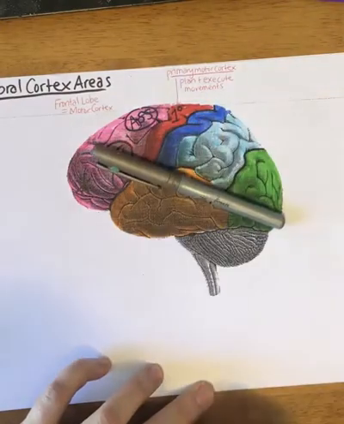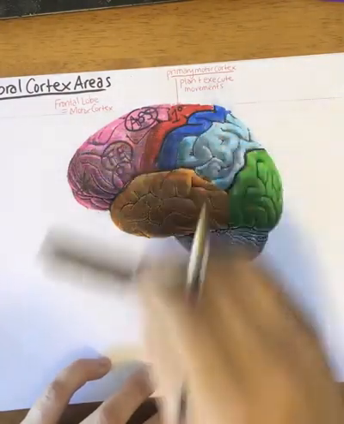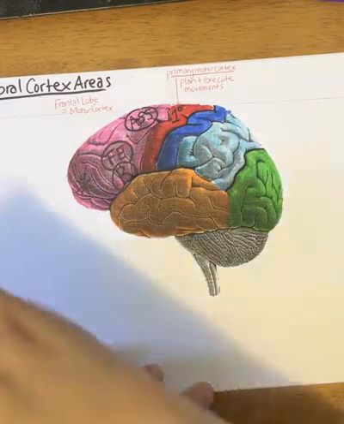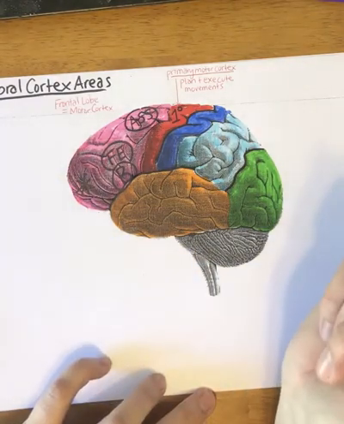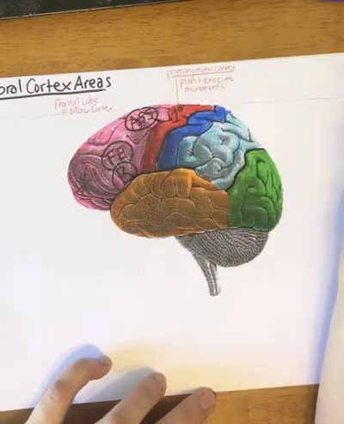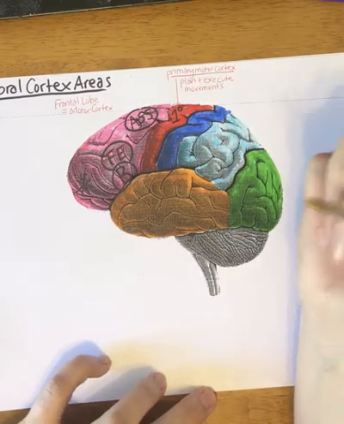So if I wanted to grab this marker, I use my primary motor cortex to grab it. Now, your primary motor association cortex is going to be involved with muscle memory.